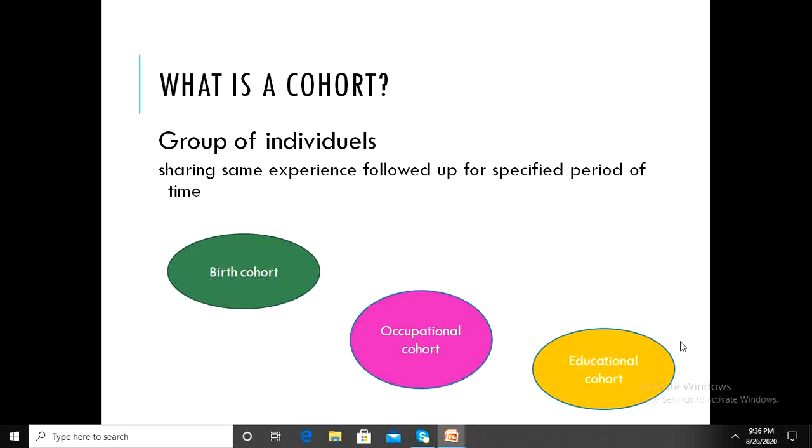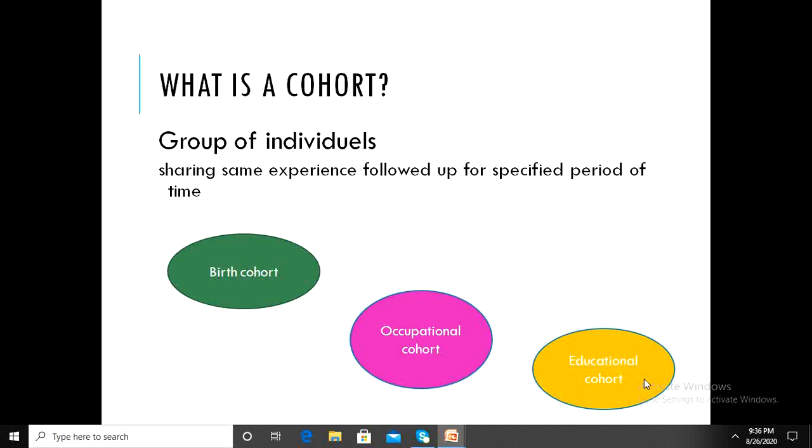Another example can be an educational cohort. Let's identify a cohort, the current class of fourth year MBBS in Pakistan, and follow them over a period of time to see the impact of e-learning strategies adopted during the COVID-19 pandemic, and how they have affected career choices in that cohort.